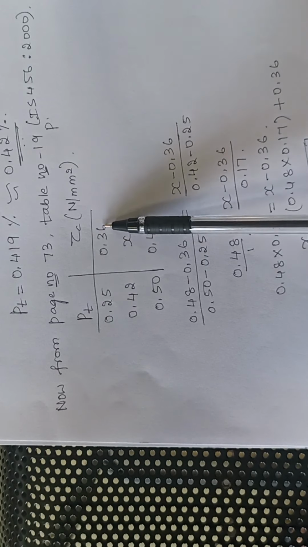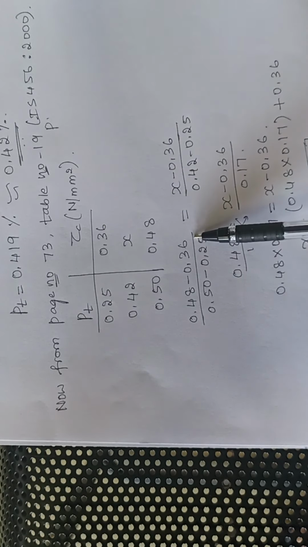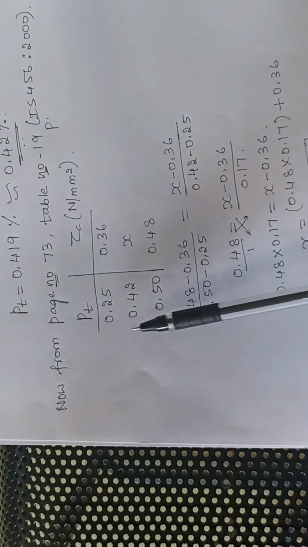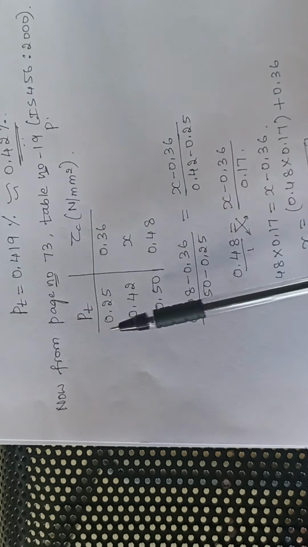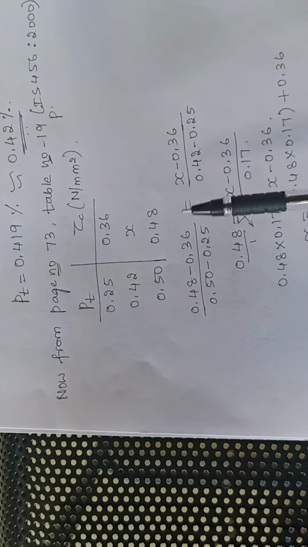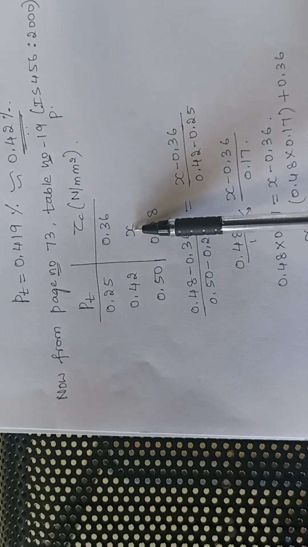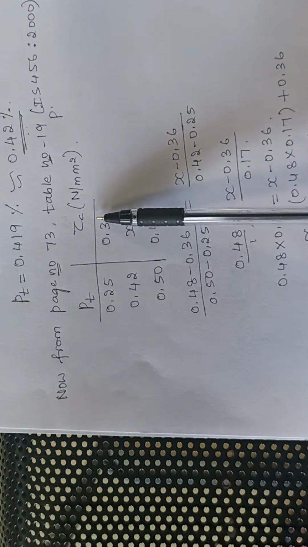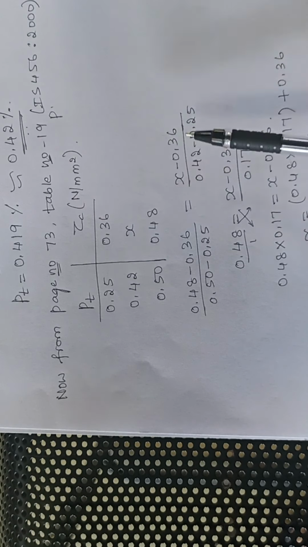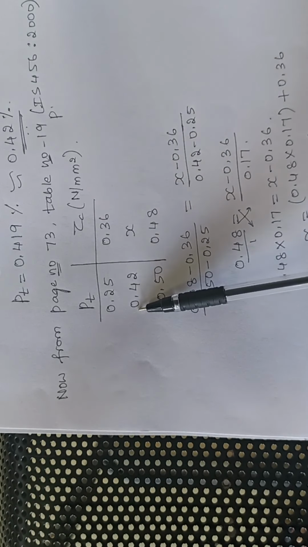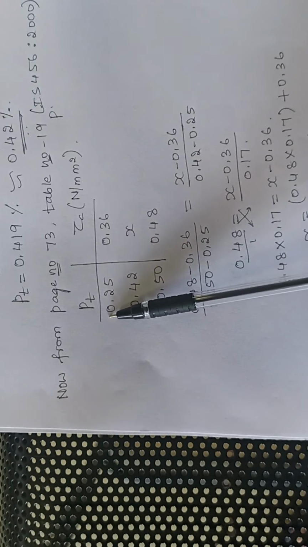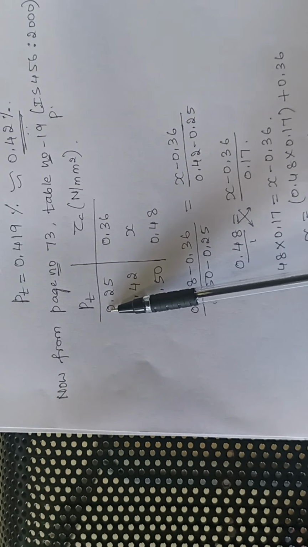Subtract 0.36 from 0.48, then divide that by 0.5 minus 0.25, that is the highest value of PT minus the lowest value of PT. Then that is equal to the second highest value of tau c subtracted by the least value of tau c, divided by the second highest value of PT minus the least value of PT.